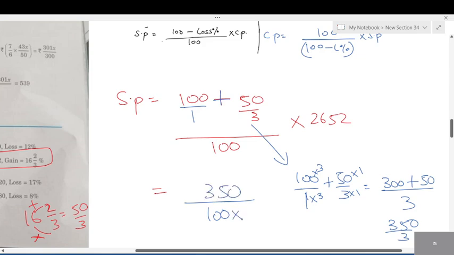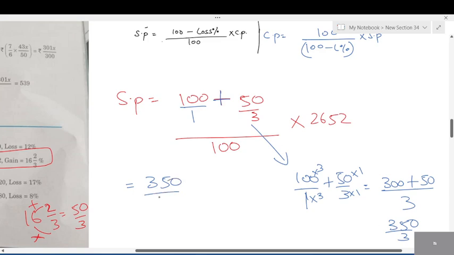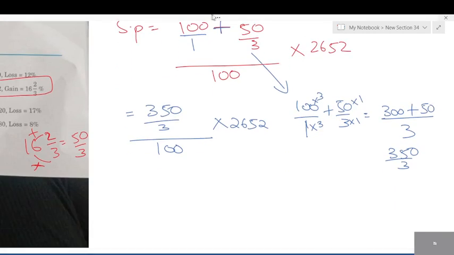When there are two denominators, you are supposed to write it like this. Is it clear? Okay, if you have understood, look here. Let me write it again. For the numerator, what did we get after calculation? We got 350 divided by 3. And the denominator is 100 into 2. How many denominators are there, students?